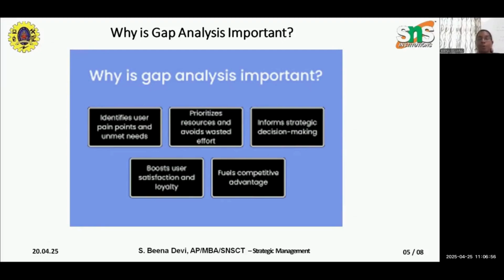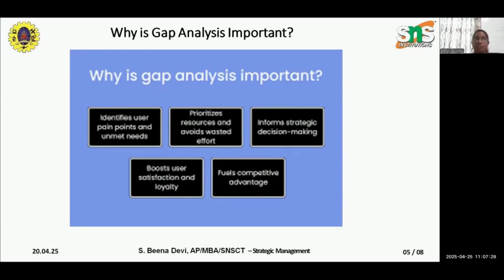Next, it boosts satisfaction and loyalty, since every product or service involves satisfaction and loyalty. Next, it fuels competitive advantage, leading to healthier competition between organizations, products, and services. It ensures that the organization remains on track towards achieving its strategic objectives.